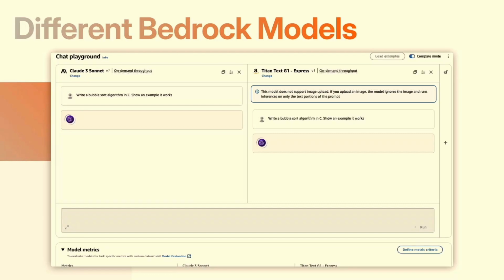I wanted them to complete a very easy task, writing a bubble sort algorithm in C, something we can all easily find on Stack Overflow, but I also wanted to add a little complexity and have them adjust it to show an example that works. So I asked the question, and now I am playing a video, so you can see that it is working.